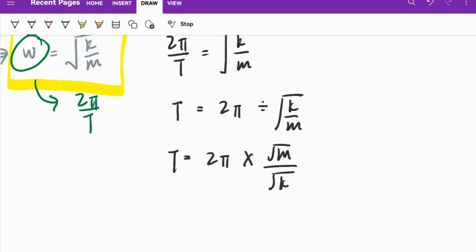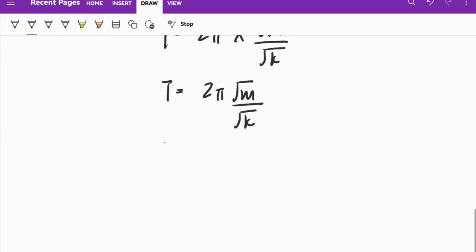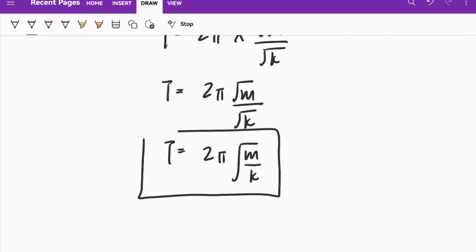I basically separated the root so that you can see clearly what we are doing. T equals 2 pi root m over root k, where you can actually combine those two. T equals 2 pi root of m over k. And this is your equation for finding the period of simple harmonic motion.